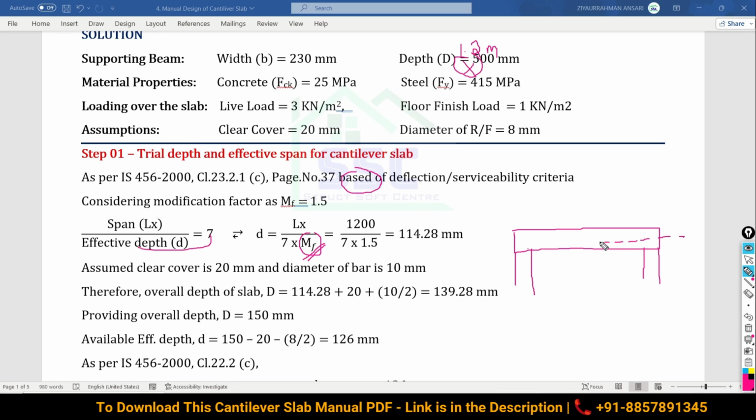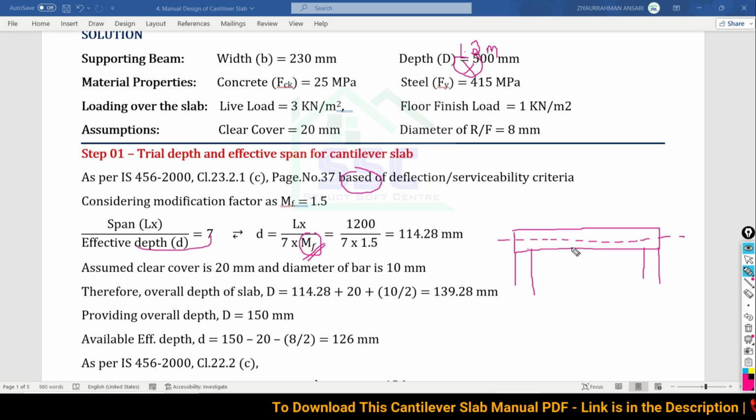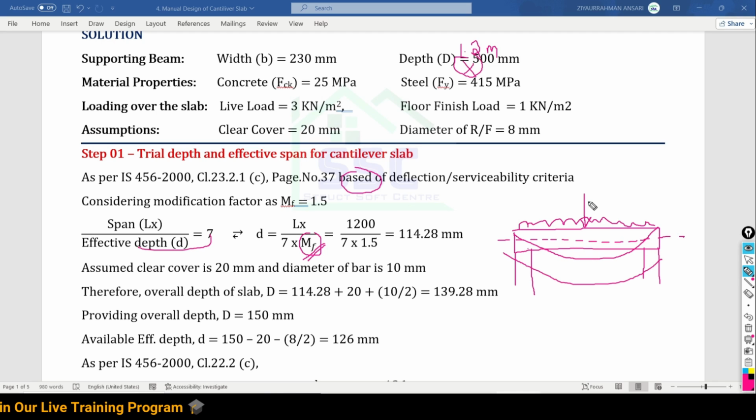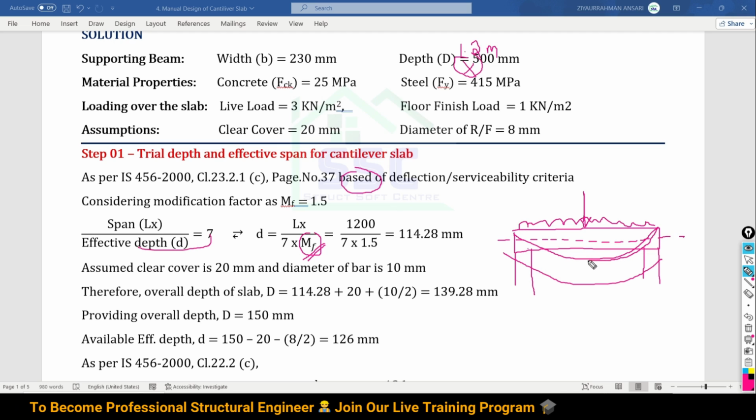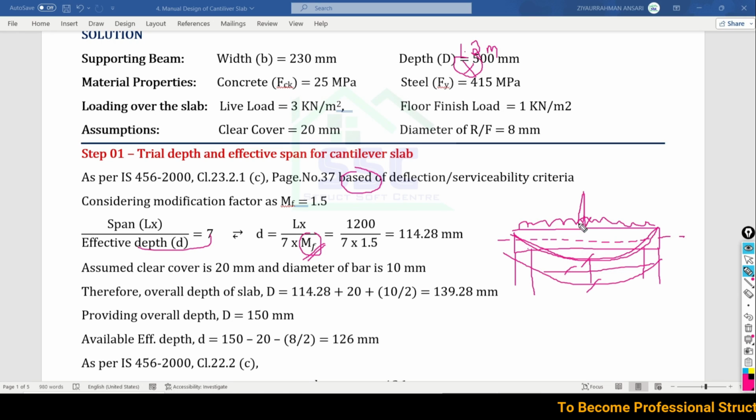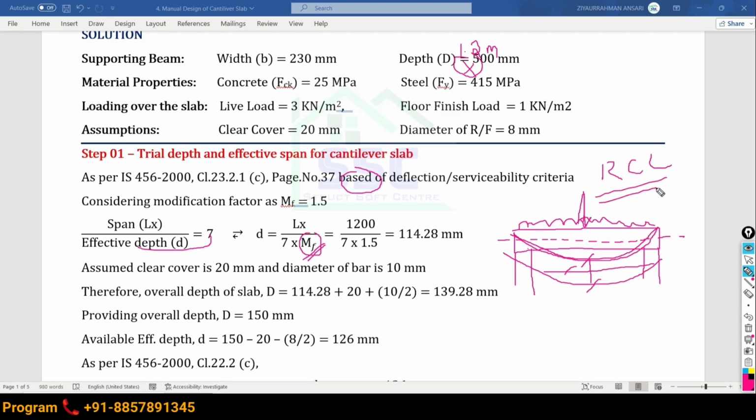So this is the longitudinal span or axis of the slab. This slab is going to be subjected to load in this direction, that may be a uniformly distributed or point load. Due to the action of this load, your slab is going to deflect like this. To resist this load prior to deflection, only the concrete will not be present there. There will be reinforcement also, and that reinforcement also takes a part in resisting this load, because RCC is a composite material, including concrete as well as steel, right?